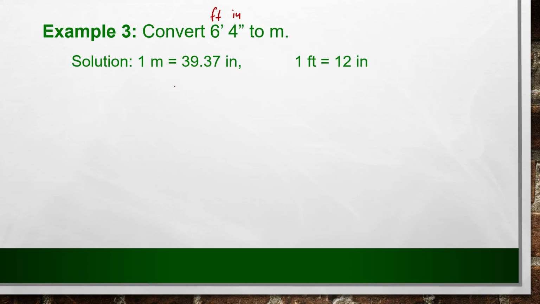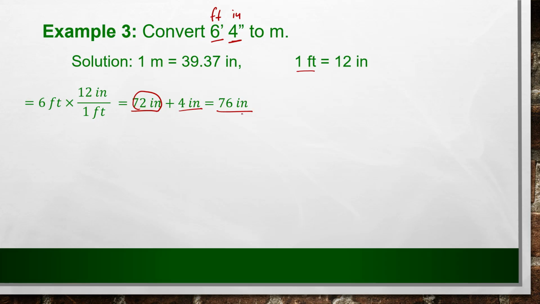So the first thing that I'm going to do here is convert everything into inches. We already have the 4, which is in inches. This is 6 feet. How are we going to convert that into inches? Since 1 foot is 12 inches, we just multiply that 6 by 12. That's going to give us 72. Since we still have that 4 inches, let's just add the 2, and that's going to give us 76 inches.